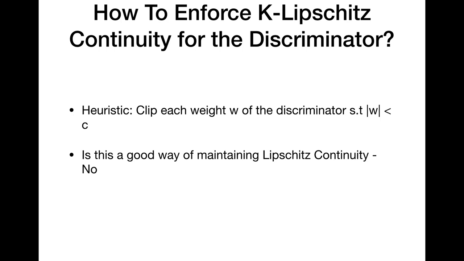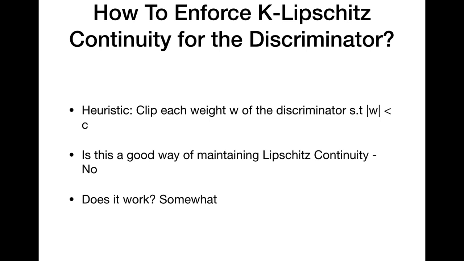Is this really a good way of maintaining Lipschitz continuity? The answer to that question is no. As acknowledged by the authors in their paper itself, this doesn't really enforce Lipschitz continuity very well, and it has a bunch of other negative side effects. However, in practice, it does seem to work somewhat well.